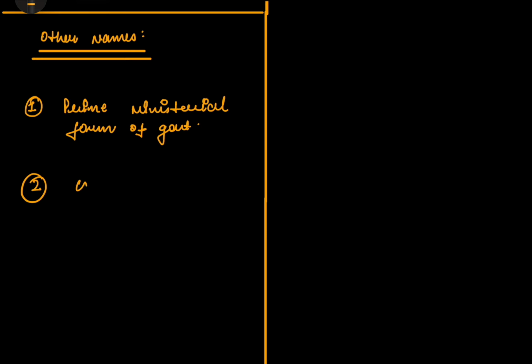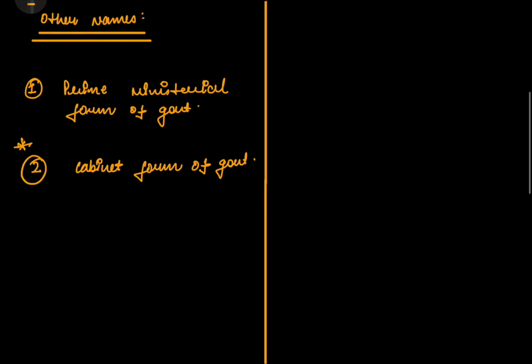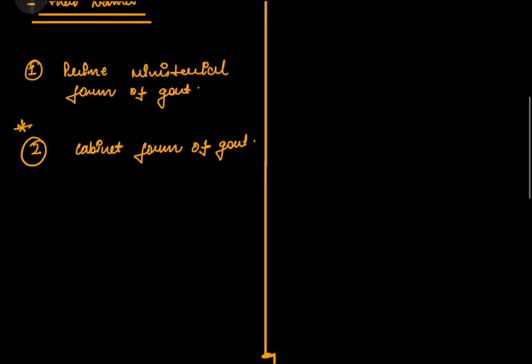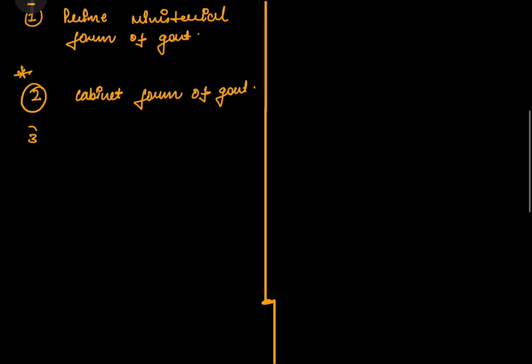Then it's also known by the name of cabinet form of government. This was given as an option in that question. I think it was given in the 2016 prelims. You can check it. So the parliamentary form of government is also known as prime minister form of government, cabinet form of government, and the third name is responsible form of government.